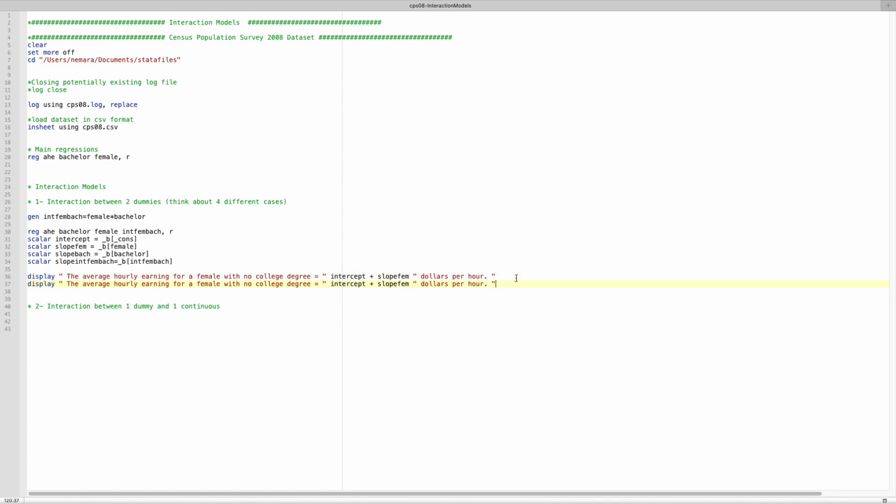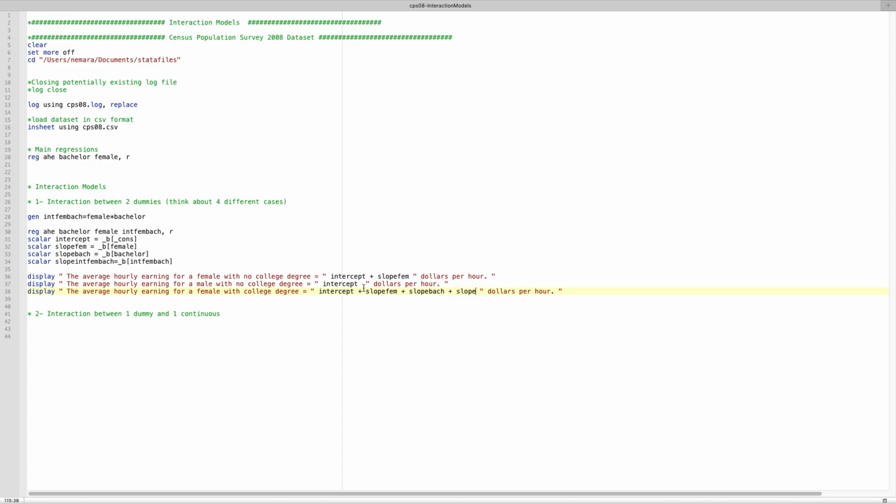Let's say I'm asking you to repeat, but for a male with no college degree. So for a male, this coefficient is taking 0, so I'm left with the intercept. Suppose I'm asking you to do for a female with college degree. Then with college degree, I have this one, I have this one, I actually have everything, right? So I have also the slope of bachelor, and I also have the slope of interaction of female and bachelor.